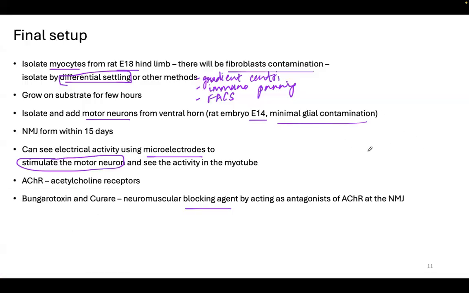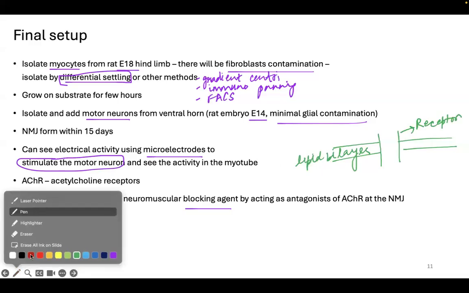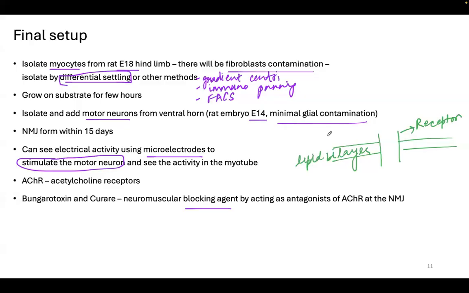Again, if I draw this, this is your lipid bilayer, and here is where you have your receptor. This is your extracellular space, and this is your cytoplasm.